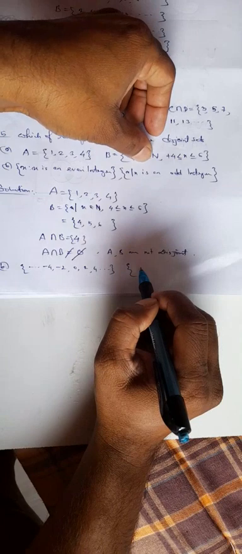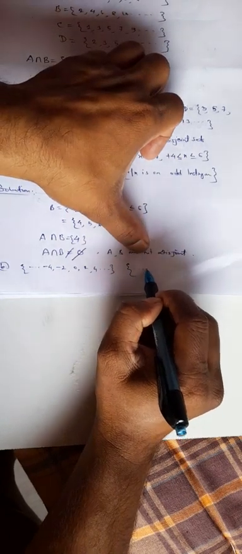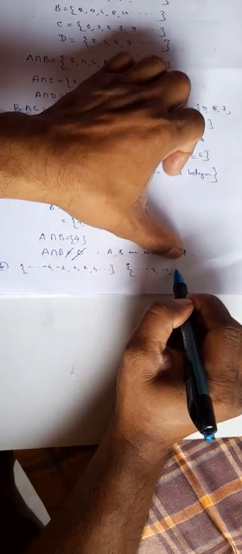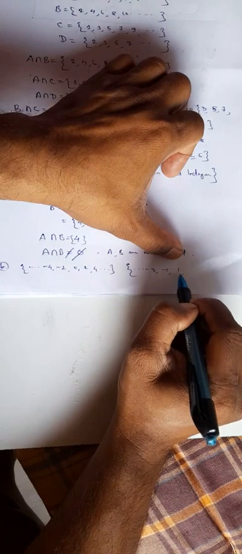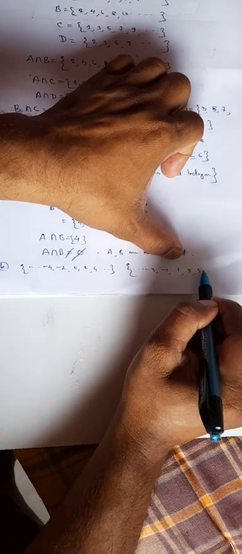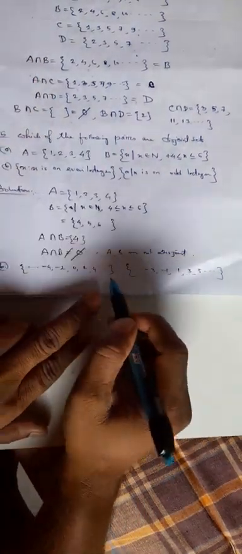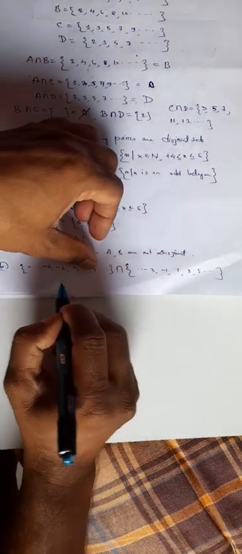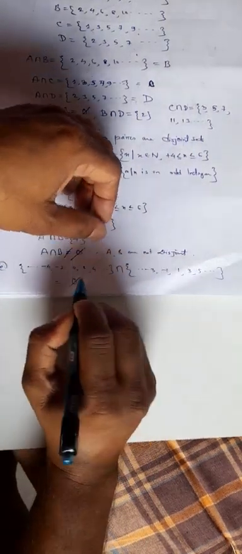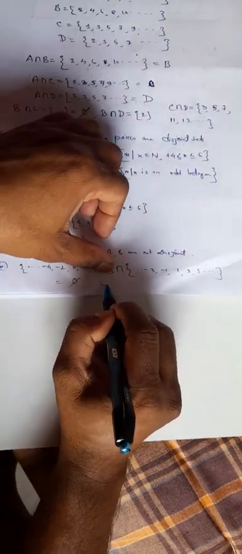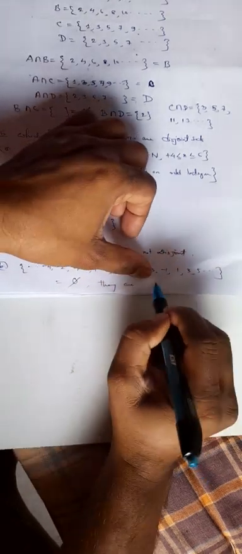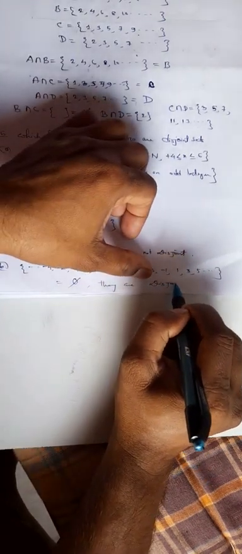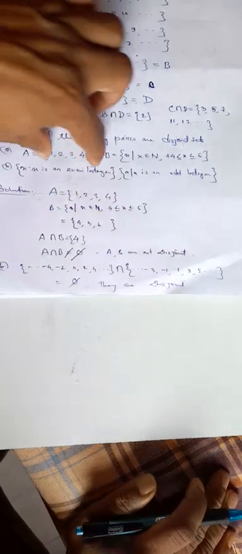Odd integers means, for example, -3, -1, 1, 3, 5, etc. Now see there is no common element between these two sets. So if you find the intersection of these two sets, the answer is the null set. Therefore they are disjoint. These two sets are disjoint.